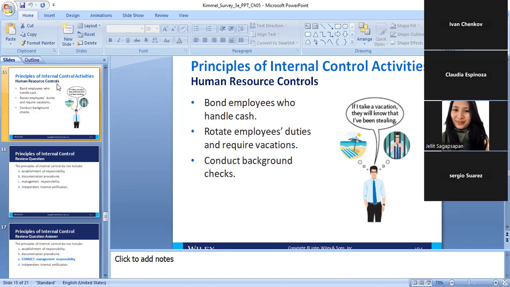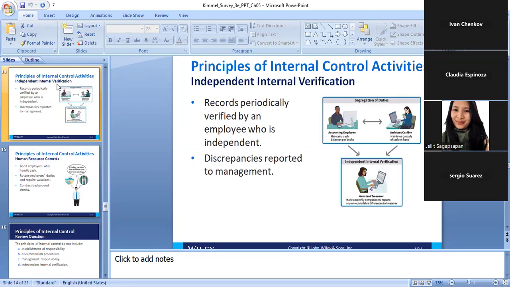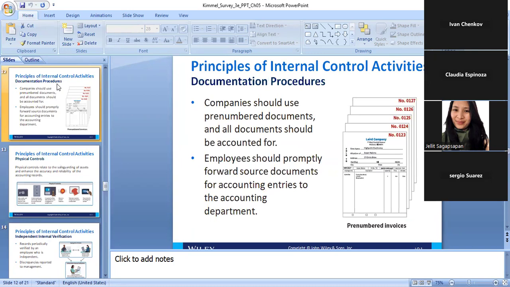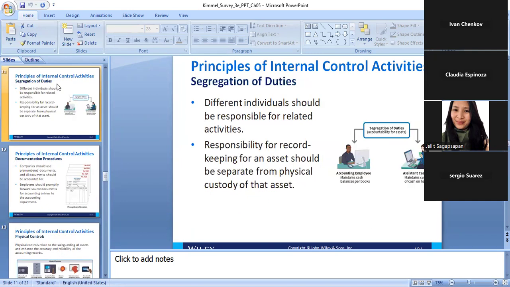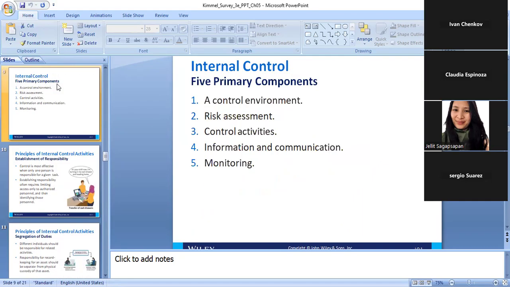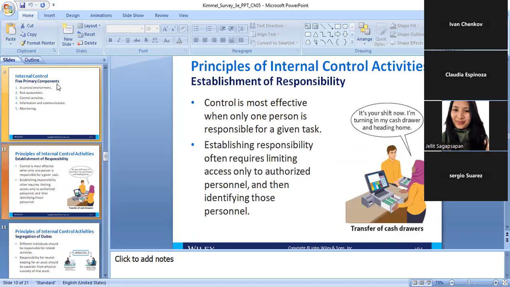So again, human resource control, independent internal verification, physical control, documentation procedures, segregation of duties, establishment of responsibilities are the ones that we're looking for, which are part of the principal internal control activities. And that's the only thing that I wanted to show in the internal control activity.